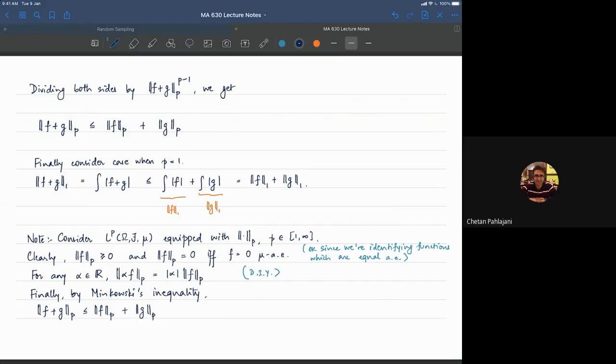So now for Minkowski's inequality, for f, g in L^p of (omega, F, mu), p in [1, infinity), we have this. This is Minkowski's inequality. So the thing that we've been calling a norm is a norm.